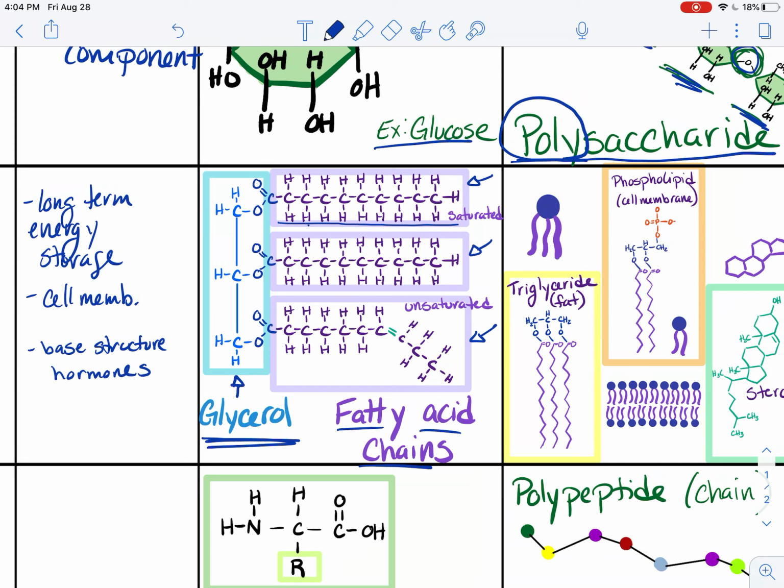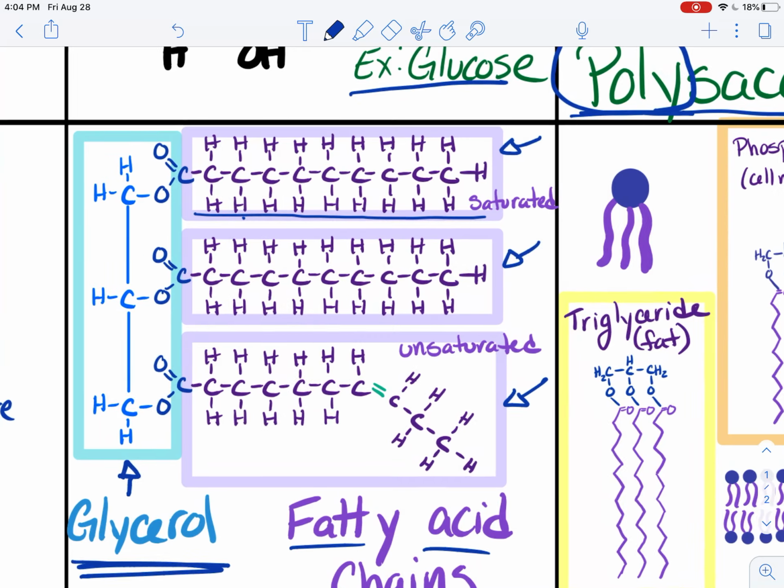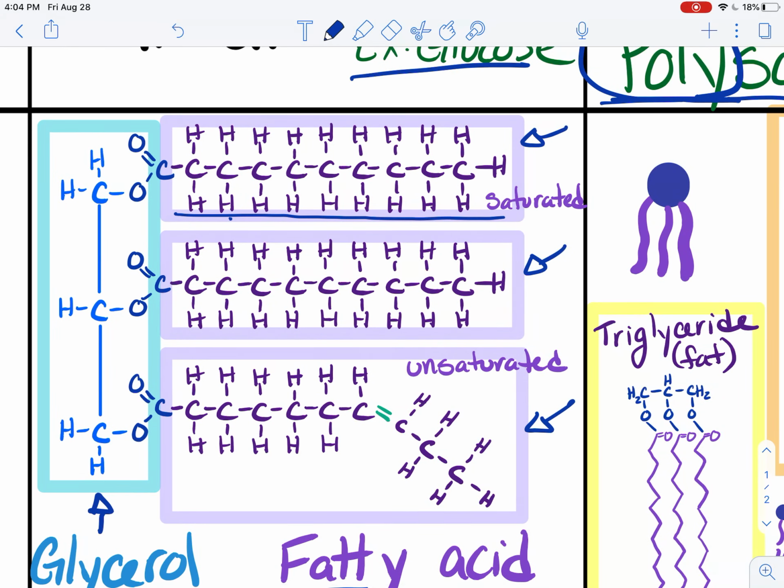So fats or lipids tend to be made up of glycerol as well as fatty acid chains. We can talk more about this later, but if we're looking at our fatty acid chains, you'll notice that this one up at the top, the one I have labeled saturated, has a bunch of carbons that are all bonded together, with tons of hydrogens all over them, and it makes a straight line.